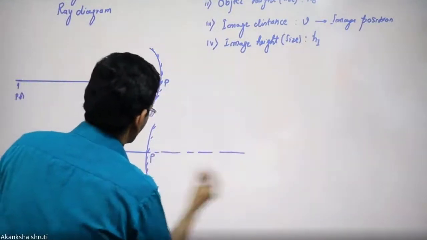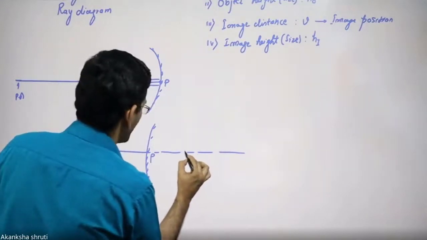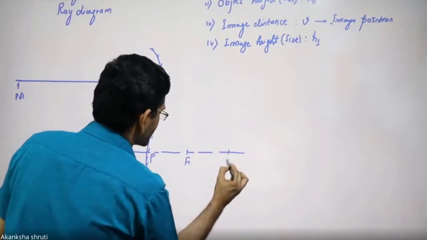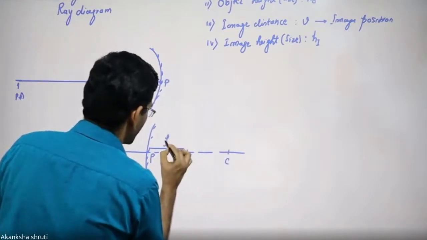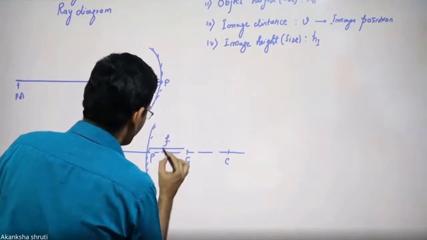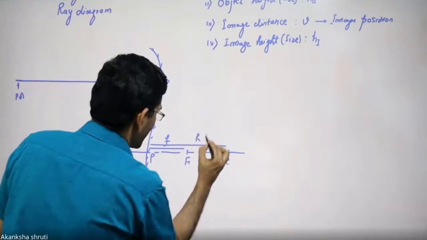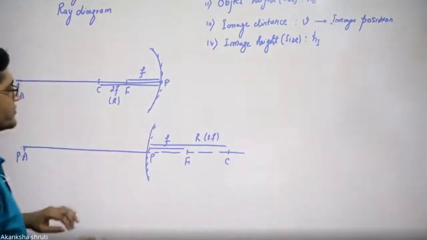In the case of the convex mirror, we observe that the focus is on the right hand side and the center of curvature is also on the right hand side. In this case the focal length is F and the radius of curvature is R, twice of F, as we had already used.